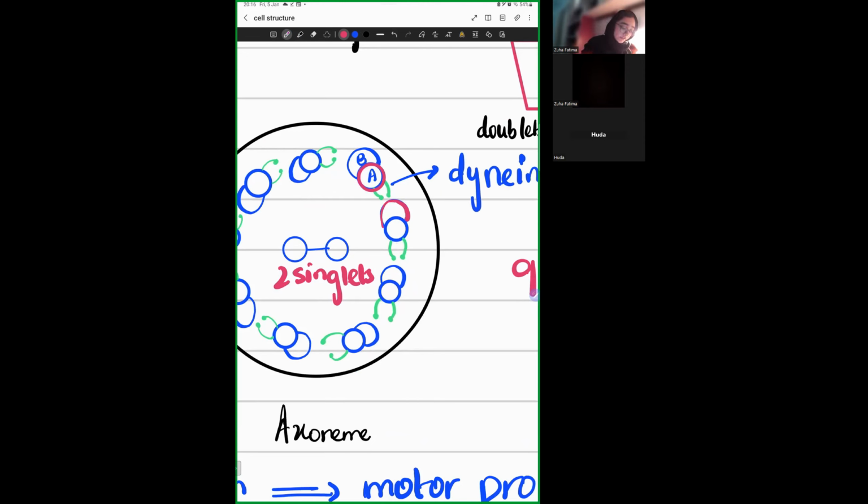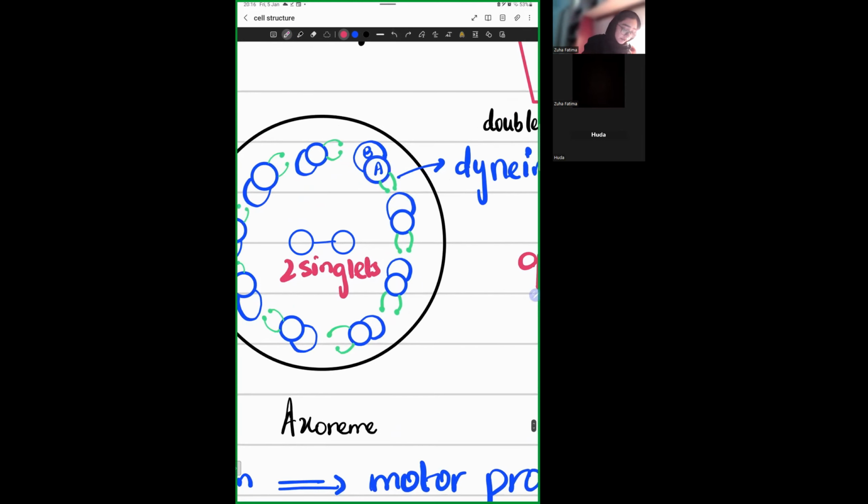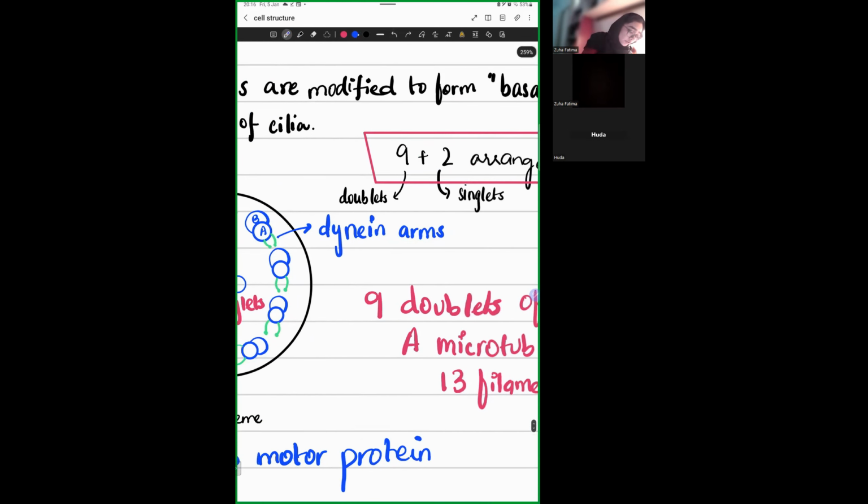And subsequently for this one, these arms again are pointing towards the semi-complete microtubule, and these arms are also pointing towards the semi-complete microtubule. So this is basically the arrangement and the pattern. So there is one outer dynein arm, and then there's this inner dynein arm. The arm towards the center we call the inner arm, and the arm towards the outer boundary we call the outer dynein arm.